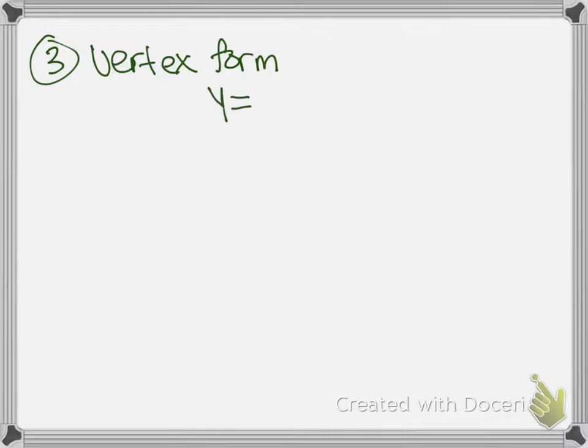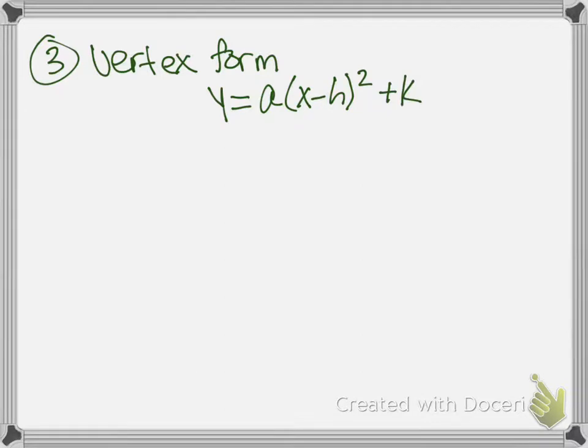Now, there is one more format, the third and final one, which is called vertex form. And this is called vertex form because the vertex is built right into the equation. So I'm going to show you what I mean by that. So the standard format for vertex form is a times x minus h squared plus k.